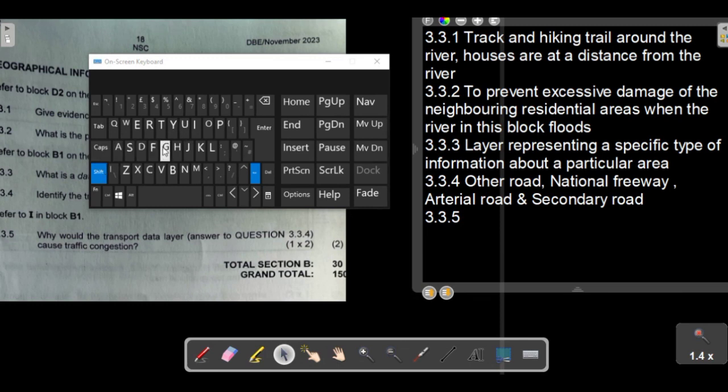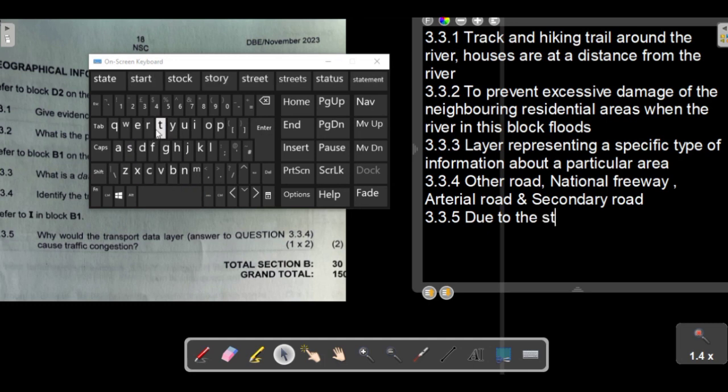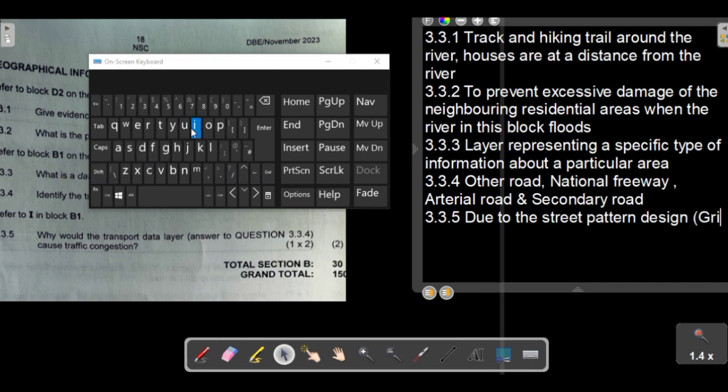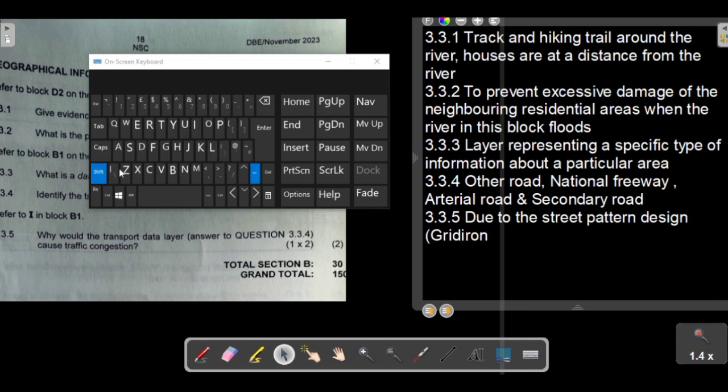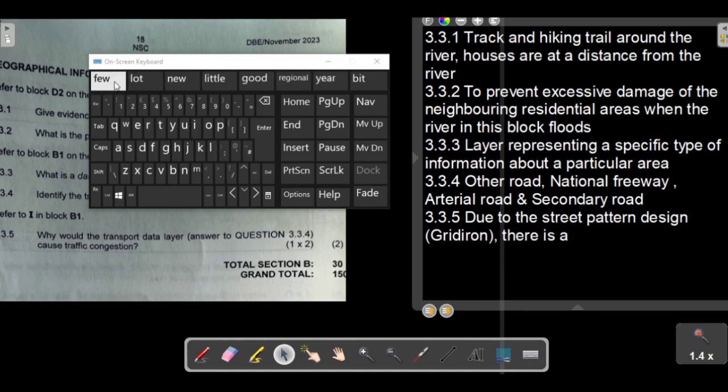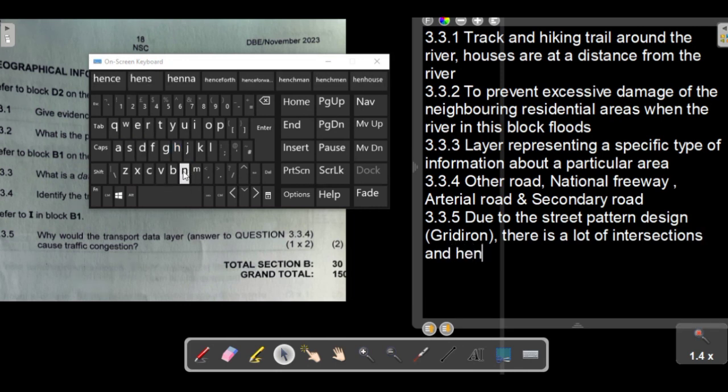So say that due to the street pattern design, which is the gridiron, there is a lot of intersections, and hence traffic congestion.